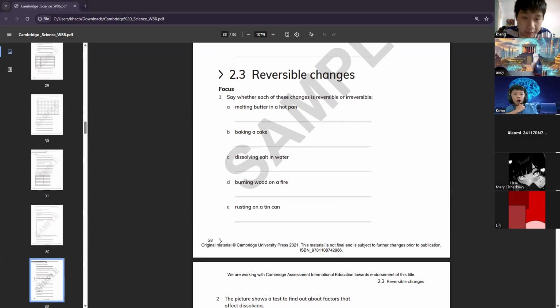Does the butter change? Yes, it does. So is it irreversible? Wait, can butter be made back into butter? Can you freeze melted butter? It can be reversible.